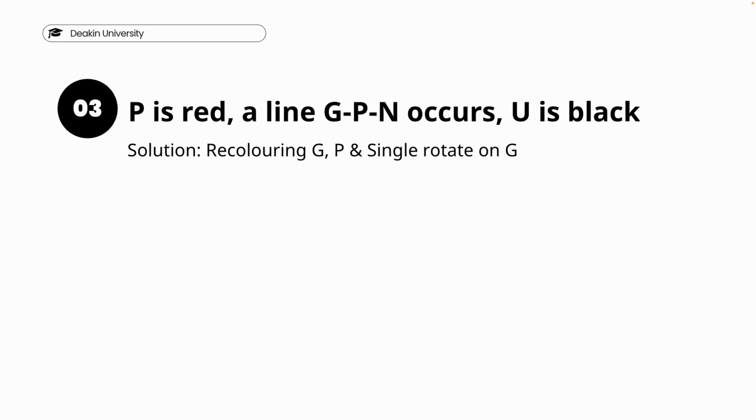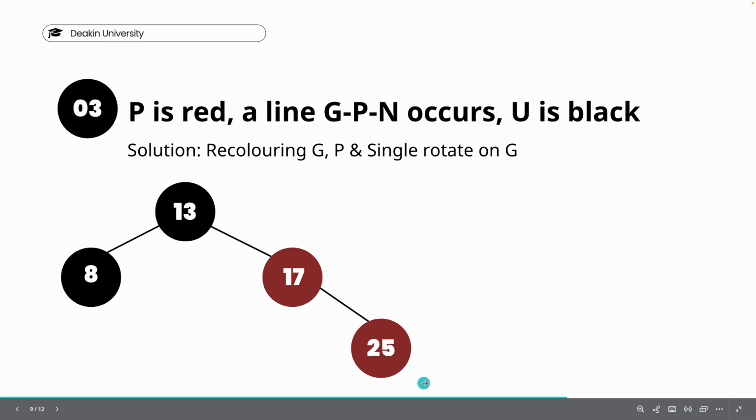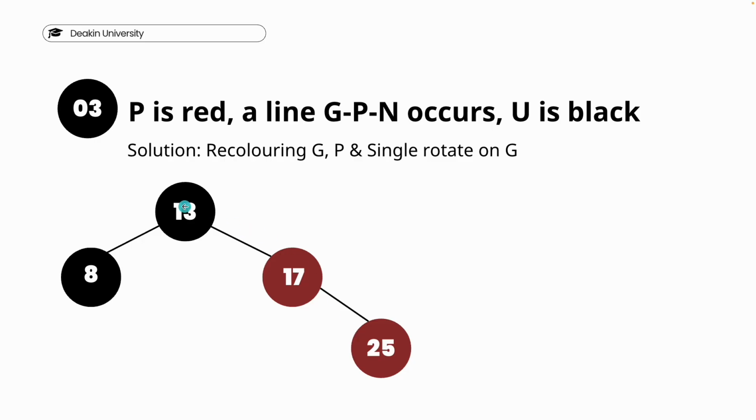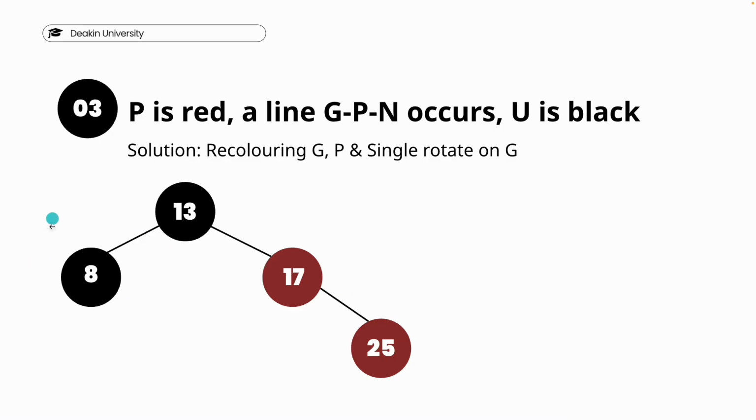The next scenario is that P is red. There's also a line between G, P, N, but in this case the uncle is black. Let me show you an example. We also insert 25, and the parent of 25, 17, is red, so both of them are red, which violates the properties of the red black tree. There's a line from grandparent, parent, to the child, and the uncle of 25, which is 8, is black.